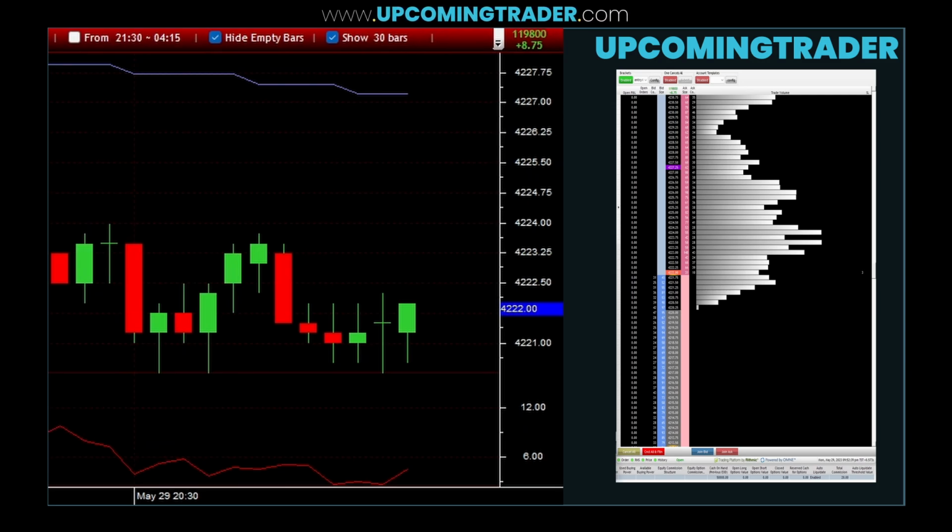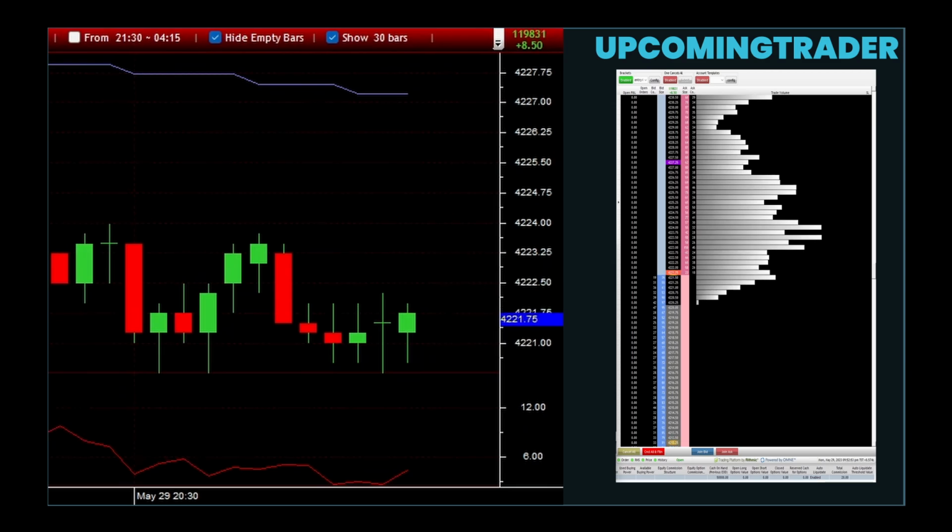There is also something called the order book. The order book shows all of the current buy and sell orders for a stock. By looking at the order book, you can see how much interest there is in buying or selling at different price levels. This can help you make better decisions about when to enter or exit a trade.